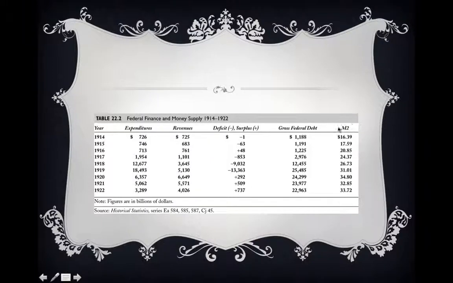The thing that you should notice is that the money supply does not increase as dramatically as the federal debt. You can see that there are some increases, but we can see tenfold increases in expenditures, and we don't see a tenfold increase in the money supply.